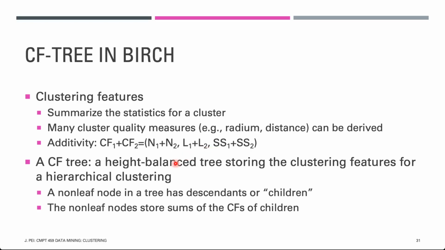Therefore, the task of clustering becomes how to build a clustering feature tree. We want to have a height-balanced tree storing the clustering features for hierarchical clustering. Here in the CF tree, a non-leaf node has descendants, or children, as the subclusters, and the non-leaf nodes store sums of the clustering features of their children.